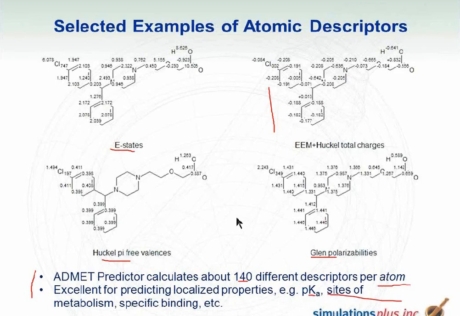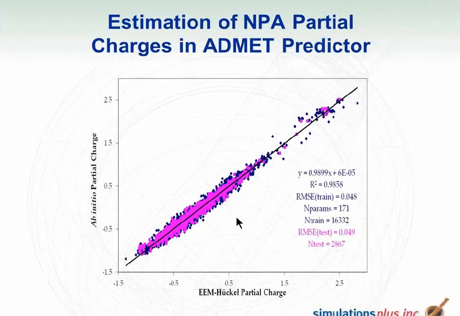So we had a grant where we parameterized this EEM and Huckel molecular orbital theory to predict ab initio partial charges. So we had a large number of molecules. We ran through ab initio calculations and then parameterized our EEM Huckel method to reproduce these charges.